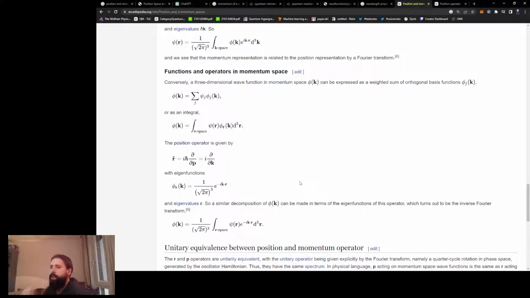Because in momentum space, the position is basically defined like this in momentum space.